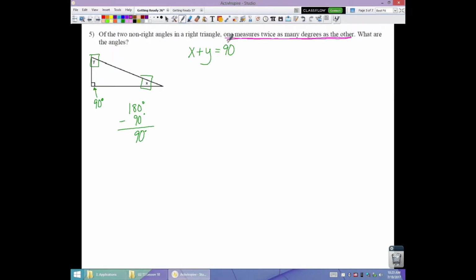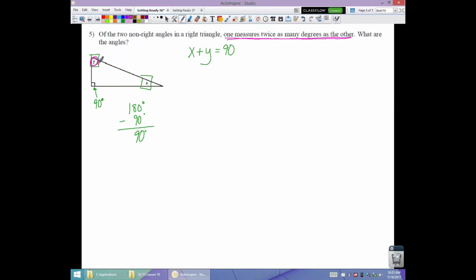Now, in this case, pictures are not necessarily drawn to scale, so I can't say for sure whether X or Y is larger, but it does look like Y is the larger one. Okay, so I'll go ahead and treat it that way. So one measures twice as much as the other.